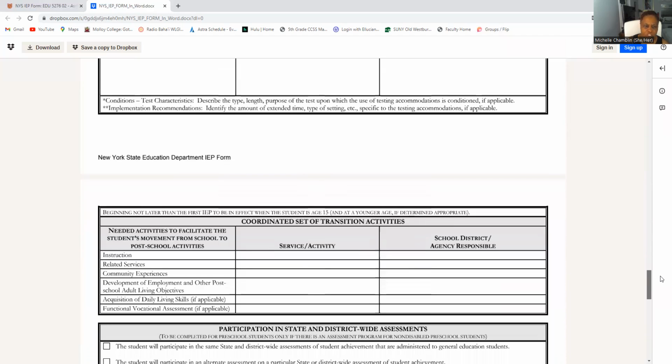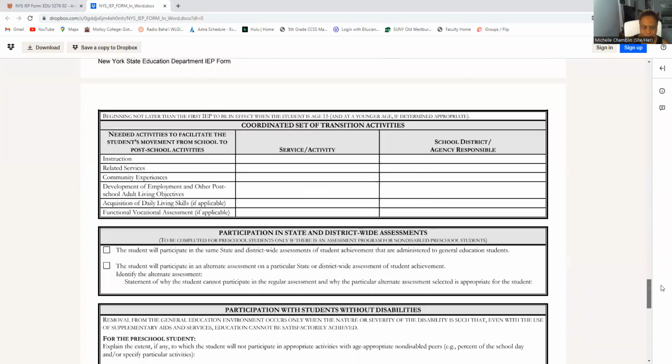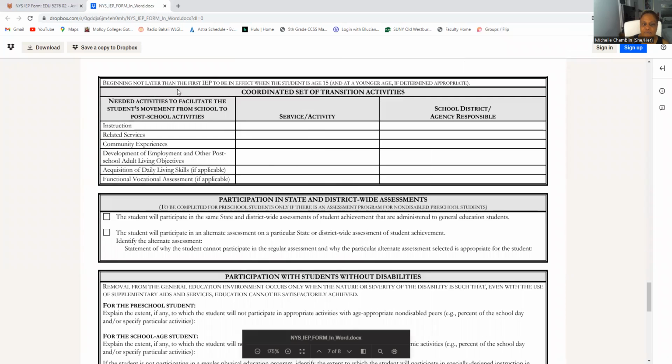So going back when we talked about transition, in this part, if the student is of age, or if we feel like before they're 15, before they're 18, and we need to set up transition activities, this is the section where we would write that down. So we would need activities to facilitate the students' movement from school to post-school activities. So do they need instruction?